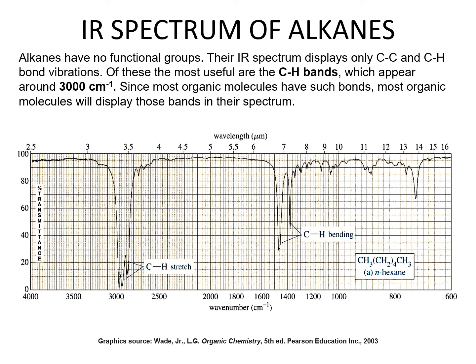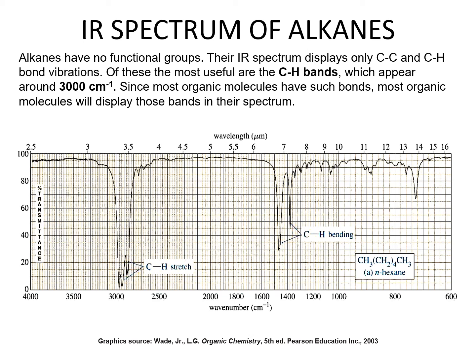And now let's see the IR spectrum of individual functional groups in organic chemistry, beginning from alkanes. Alkanes, as you know, are saturated compounds without any functionality. So you will have only carbon-carbon single bonds and carbon-hydrogen bonds.